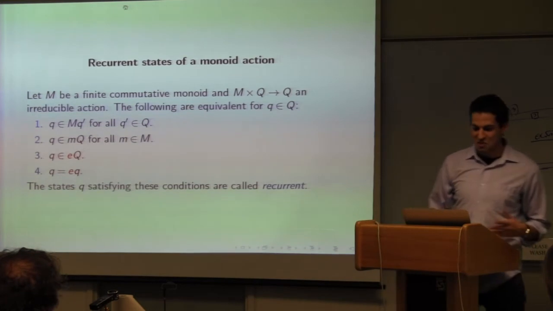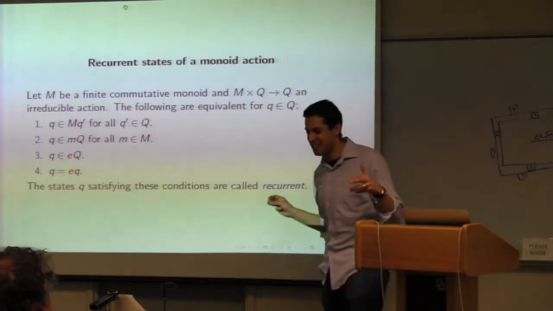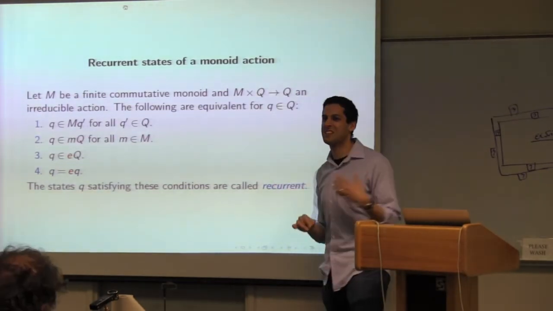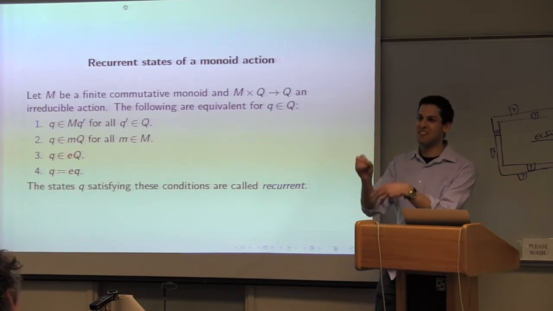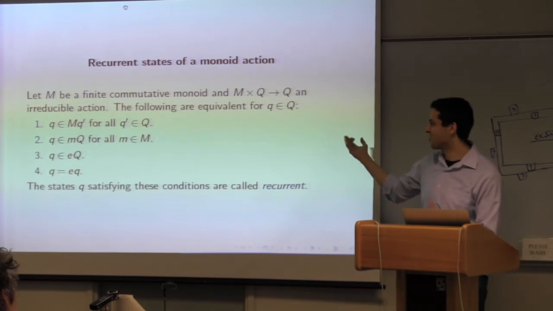So the way to think about recurrent states is that they are the states you will see after a long time if you keep adding a lot of input to your system. Some states you can never get back to if you add suitable input. Other states you can always get back to, and those are the recurrent states.